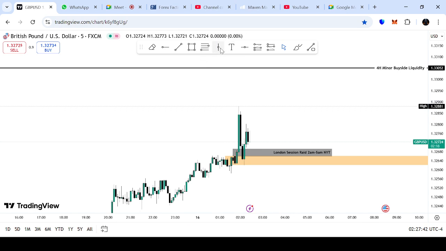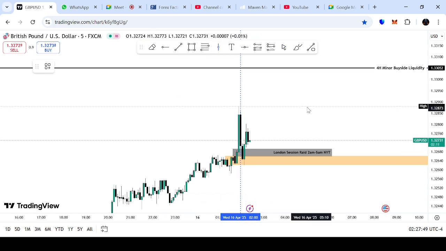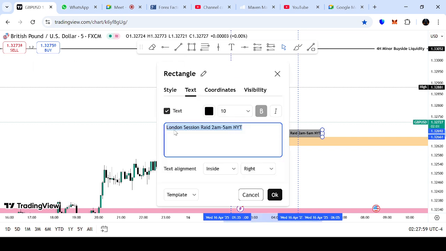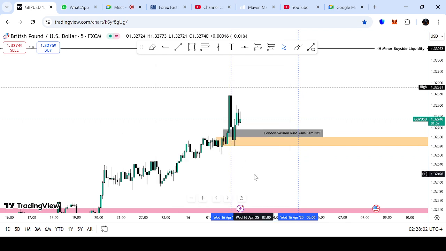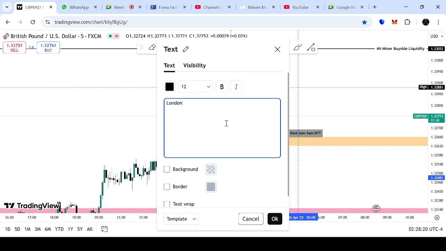That's London session rate, 2 a.m. to 5 a.m. New York time.